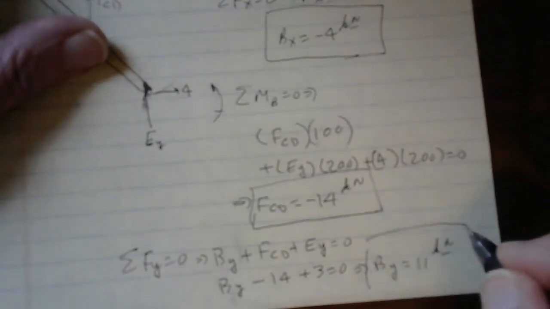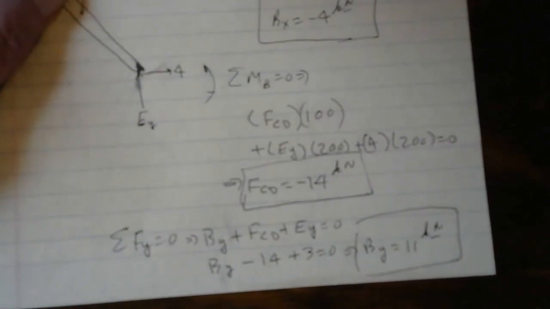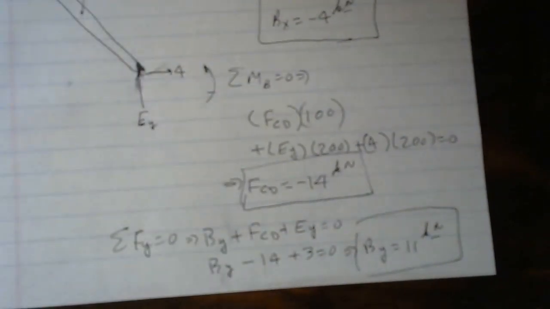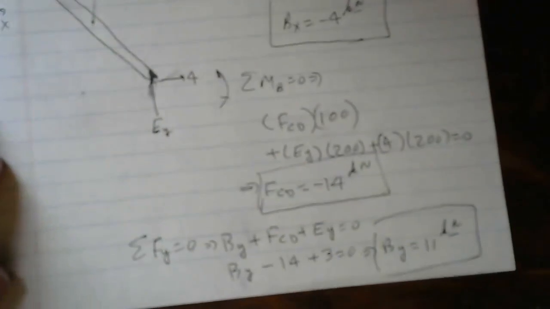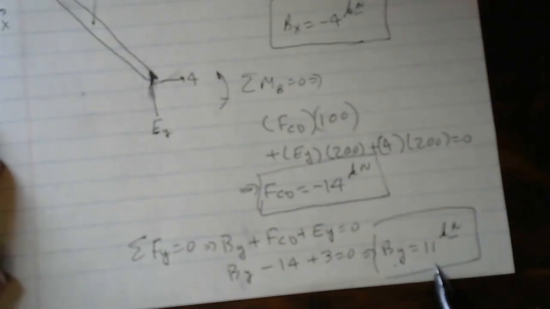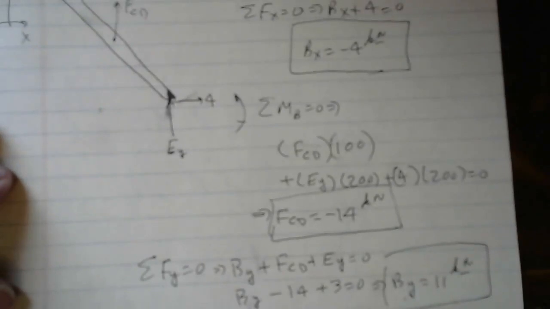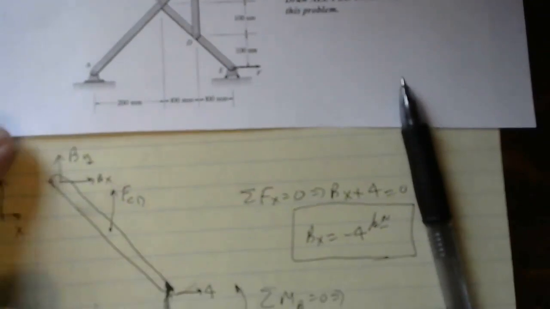Okay, is that problem solved? Again, if you reverse the directions on your free body diagram, in other words, if I assume By is going vertically downward instead of vertically upward, then the magnitude is still 11 kilonewtons, but it would be negative. Okay. All right. So that solves problem number 6.